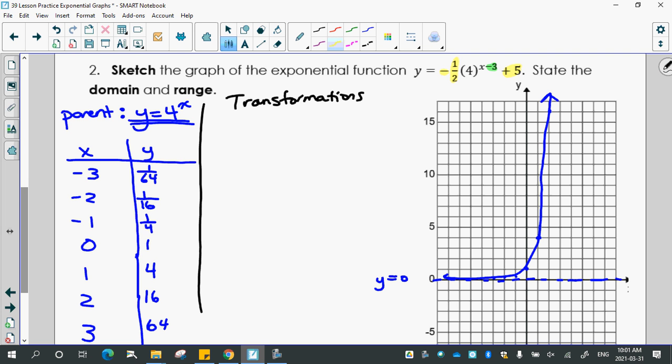Okay, so the negative sign would be the first one that I write down. And what do we call that transformation? Yes, a vertical reflection. And the 1/2. Good, so it's a vertical compression, and then you have to say by a factor of 1/2.